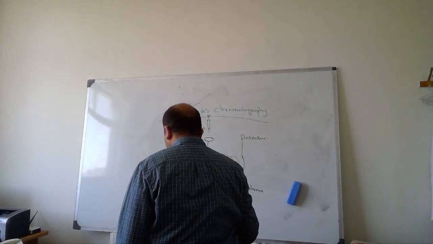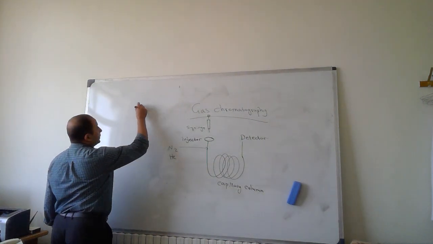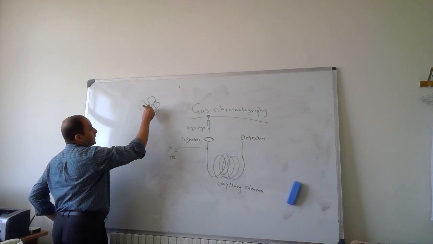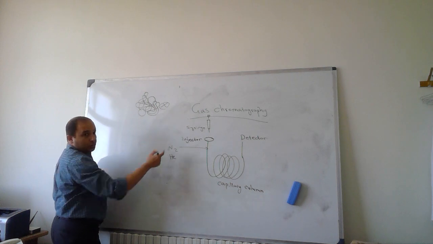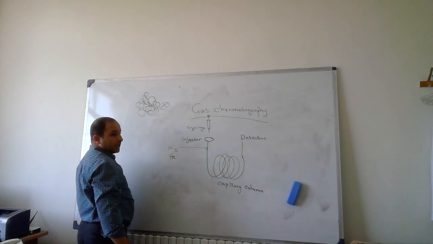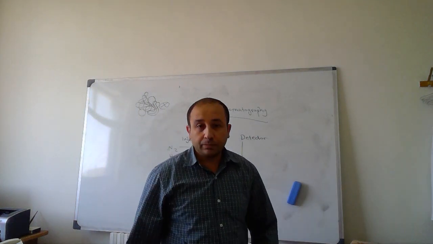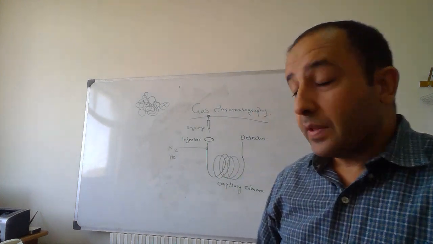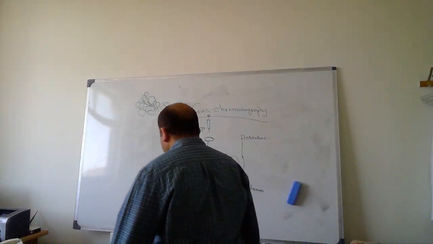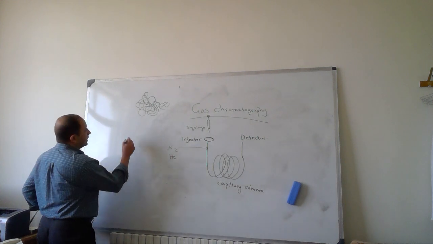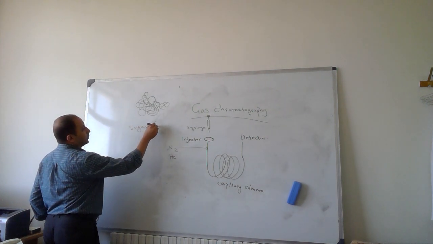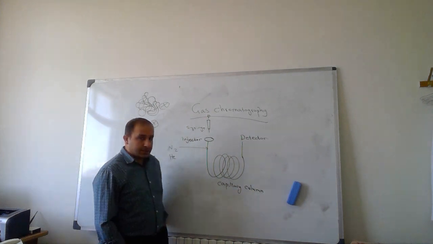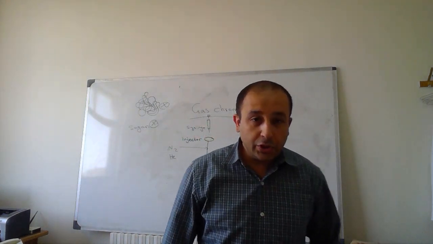So a huge compound, big compounds such as proteins and other kinds of compounds, cannot be tested by gas chromatography because they have large molecular weight. The second thing, the compounds which are hydrophilic, such as sugars, without modification, also cannot be tested by gas chromatography due to their polarity.